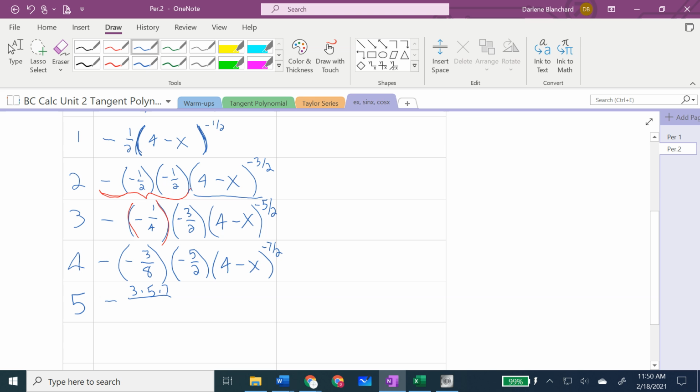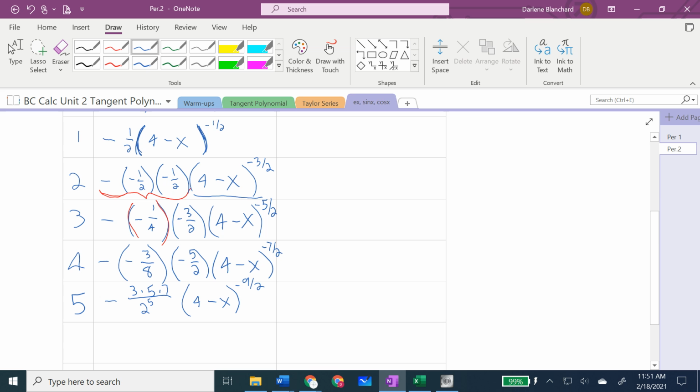Still on the constant multiple, the denominator is going to be multiplied by yet another 2. The fourth derivative is already 2 to the 4th power, so this is now going to be 2 to the 5th power. And then the exponent will be negative 9/2.